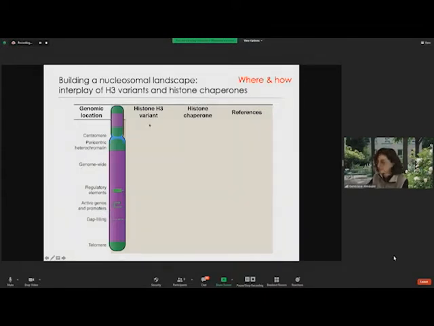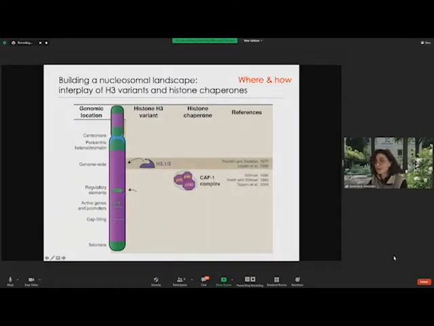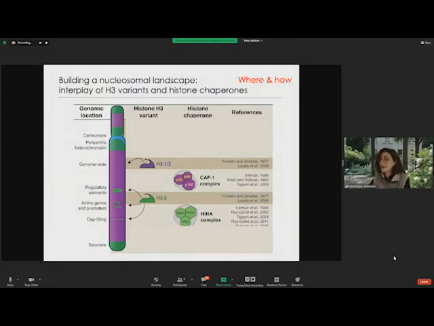So the replicative variant can be found at any place, genome-wide, and it's deposited by the CAF1 complex during replication. Then you have the replacement variant, H3.3, which is found enriched at regulatory elements, active genes and promoters, but also at gaps where, potentially in a transient manner, nucleosomes have been lost. This is deposited via a complex called HIRA.